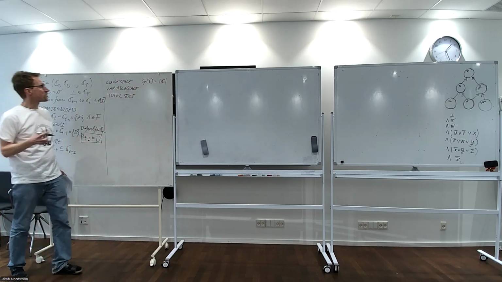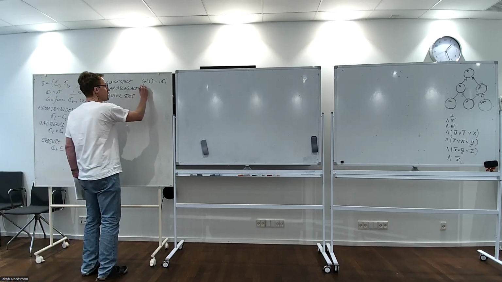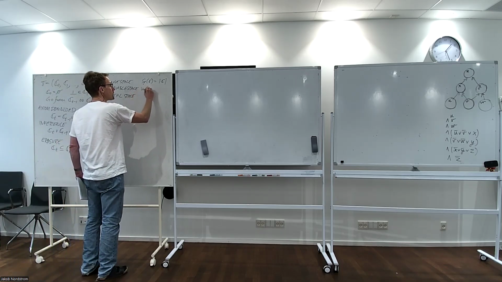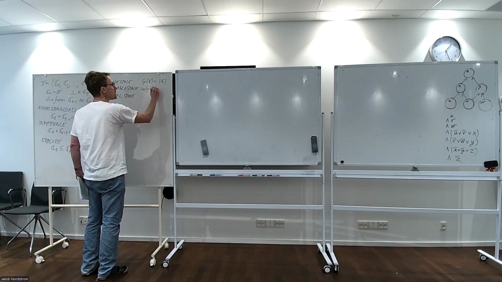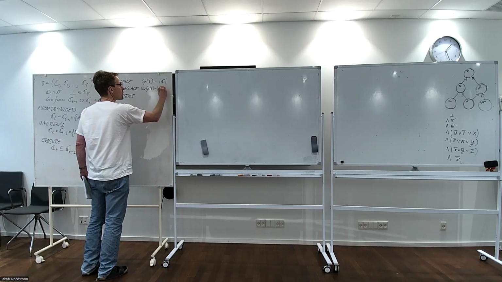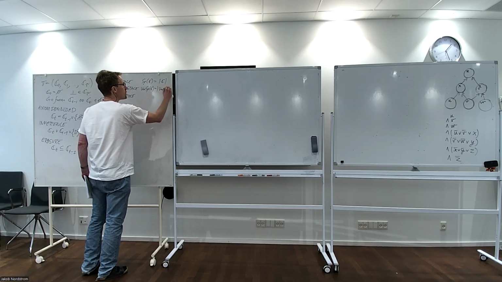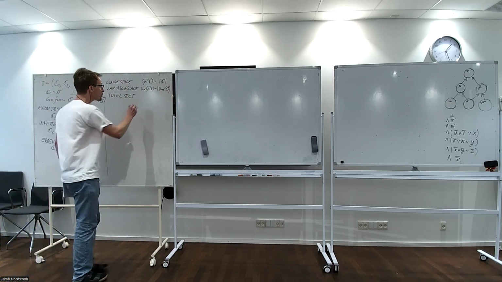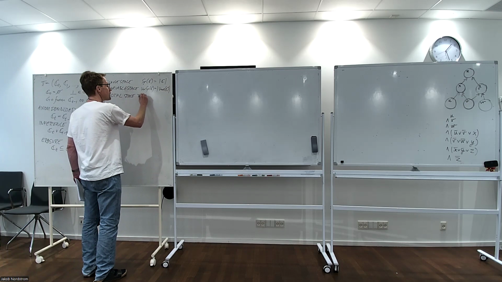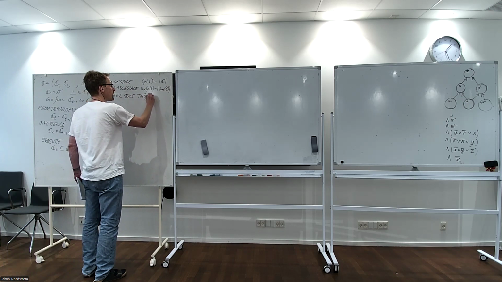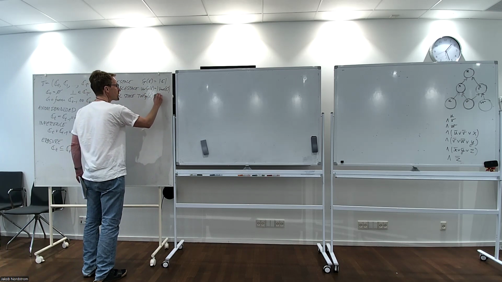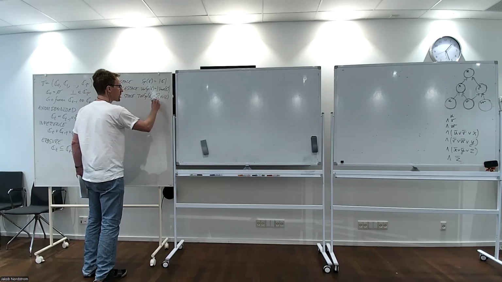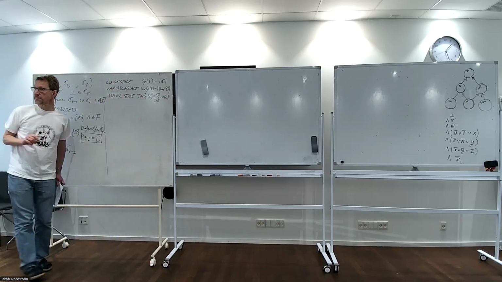This is somehow the main measure that we care about. We made this choice. Variable space of a configuration is just the number of variables in it, counted without repetitions. Total space is counting with repetitions. So take all the clauses in C and sum up their weights.